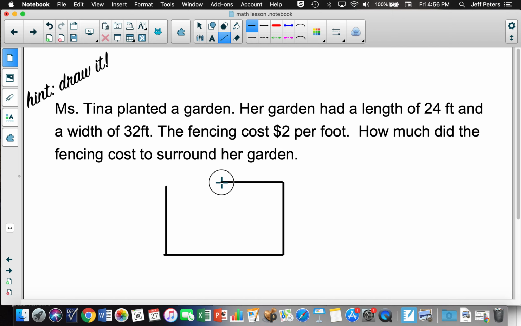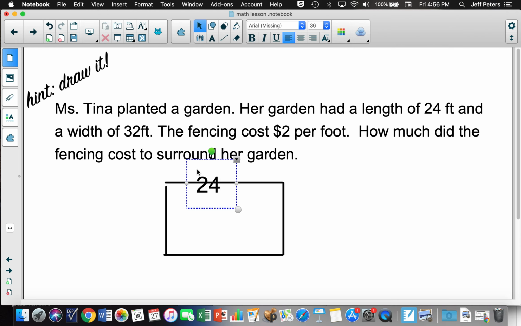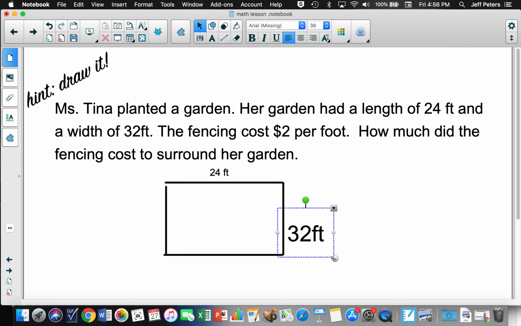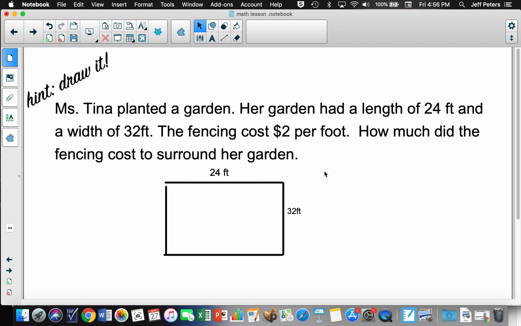So we have our rectangular garden, and it has a length of 24 feet, and it has a width of 32 feet. All right, so they gave us a length and a width. So now, again, we're working with fencing here. We talked about this on the last problem.